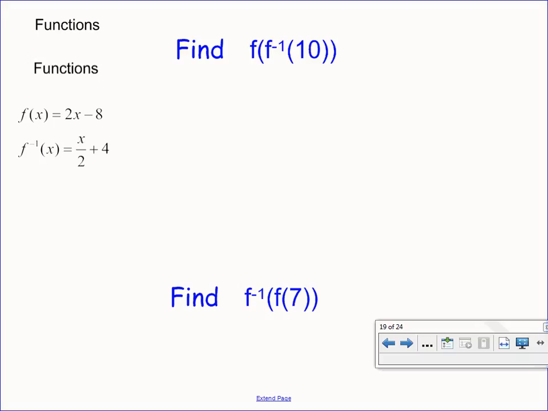F of f inverse of 10 says find f of, and then f inverse of 10 would be going to my f inverse rule, putting a 10 in for x. So this would become f of 10 over 2, which is 5, right? 5 plus 4 is 9. So I'm getting 9.